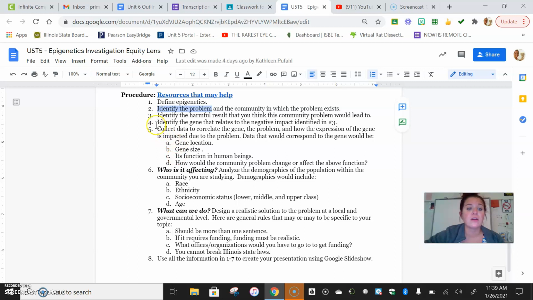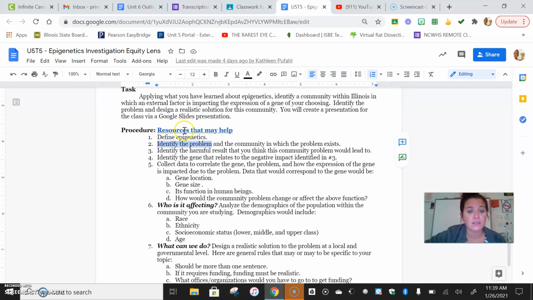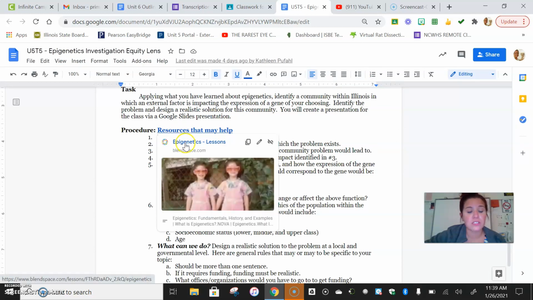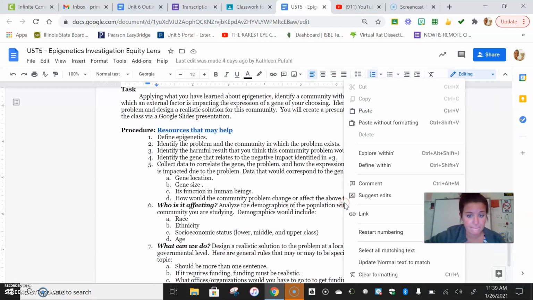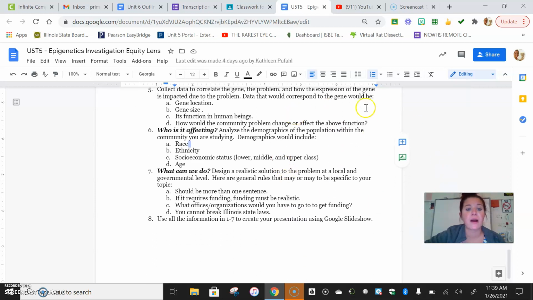So again, numbers 4 and 5 especially, you are going to need to do some Googling here, some research, just beyond what we've talked about in class in order to answer those questions. And to do that, there are resources that can help that are hyperlinked up here. Who is it affecting? So analyze the demographics of the population within the community you are studying.